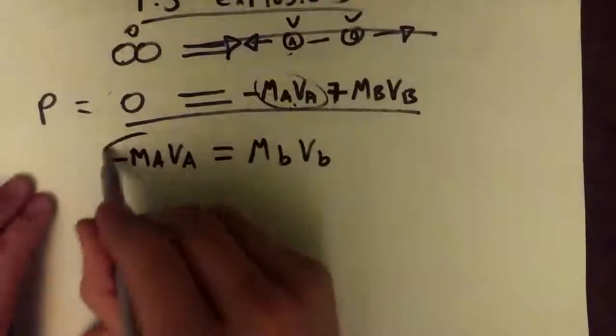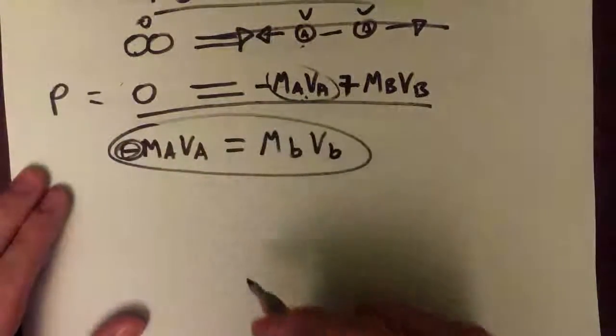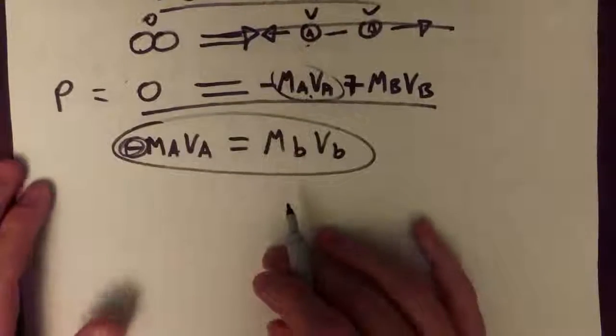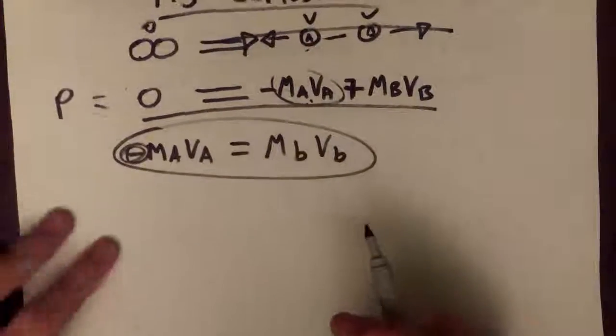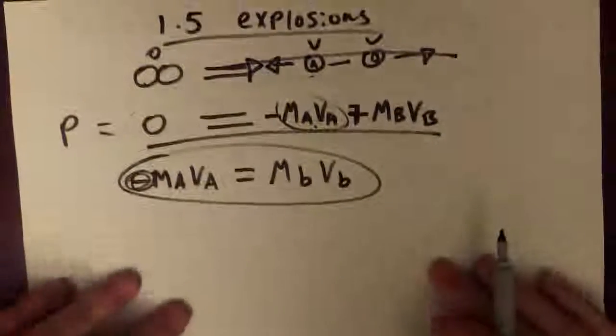Now this is the formula we have to work with, and in this case the minus sign indicates direction. So with that in mind, let's move on to the questions.